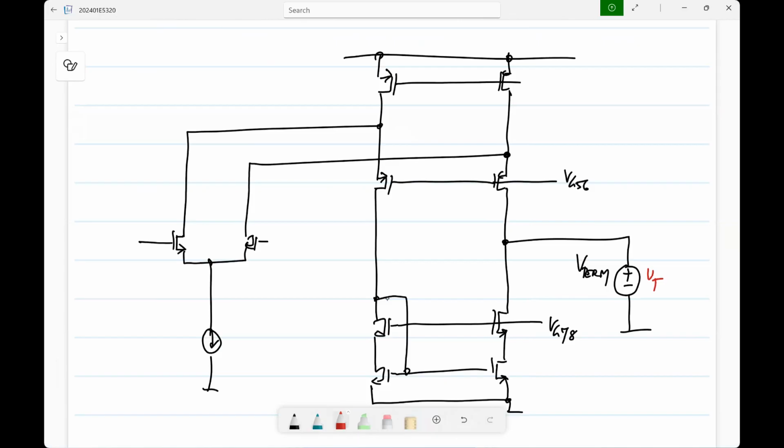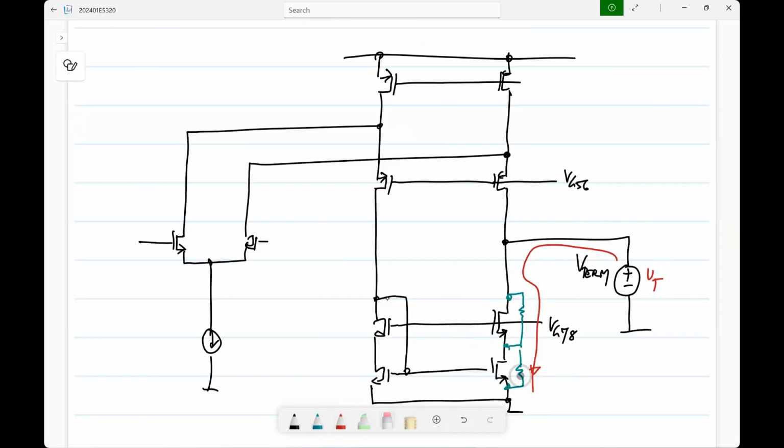First of all, if you look at the contributions because of these, that is just a cascode current source connected to the output. So what will be the part of the current flowing this way? Basically it is Vt divided by the cascode output resistance.